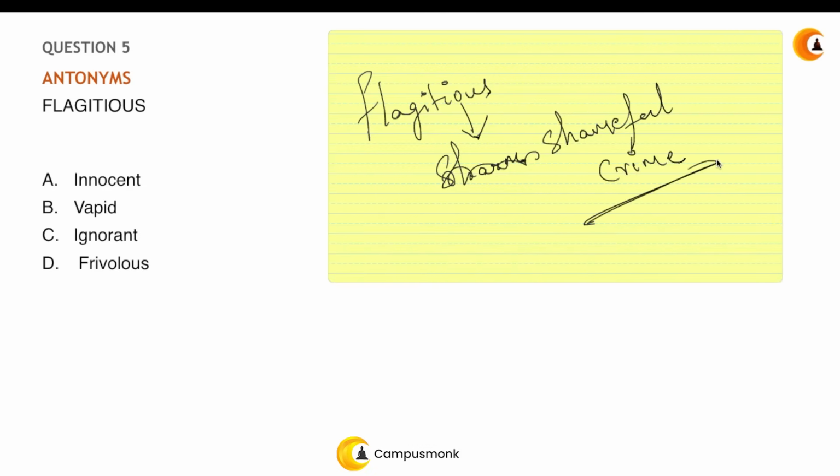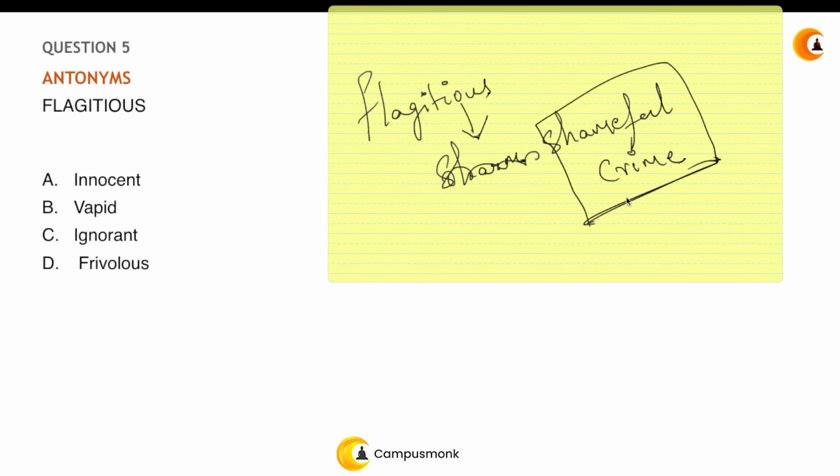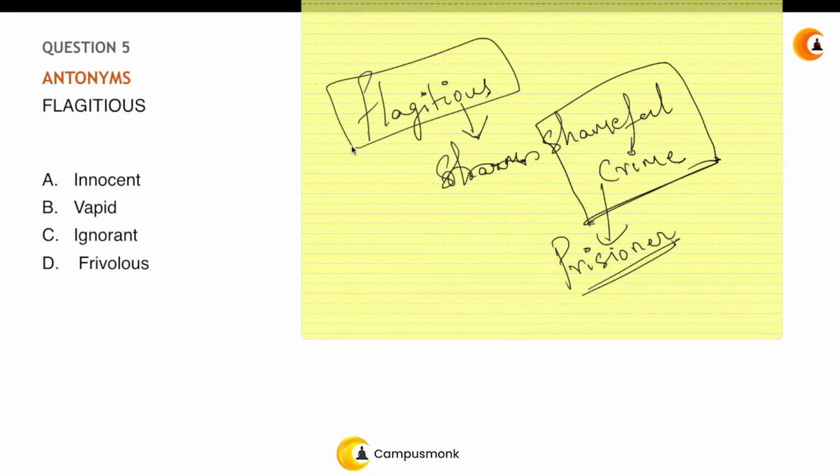The word flagitious was generally used with prisoners. If prisoners had committed a shameful crime, they were termed a flagitious person. So flagitious means someone who has done a shameful crime.